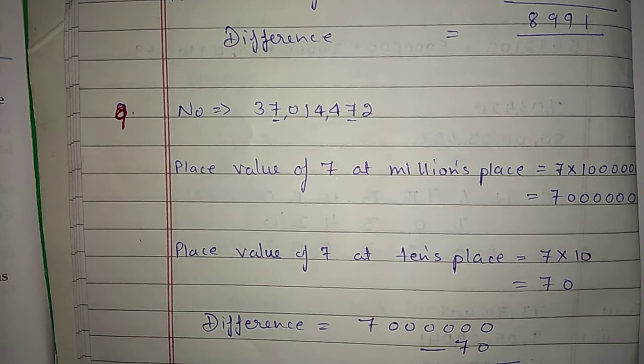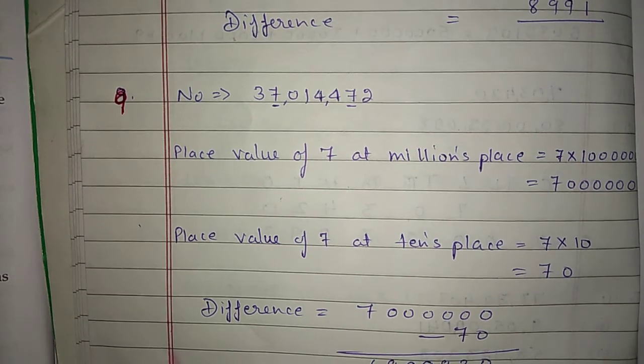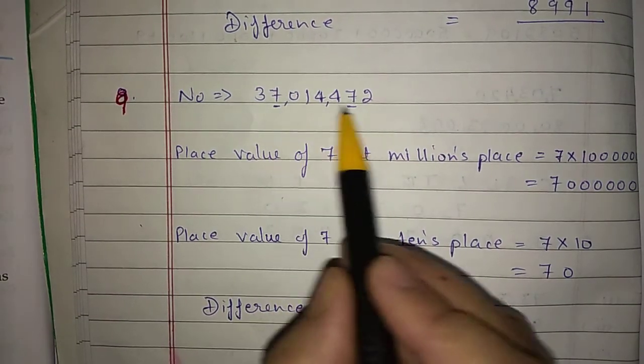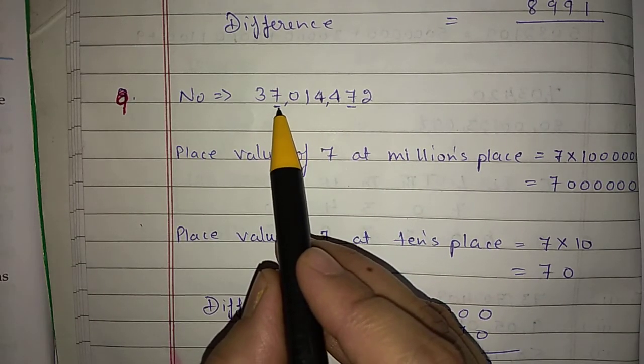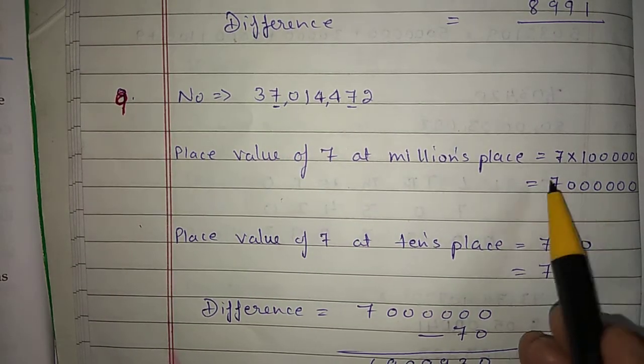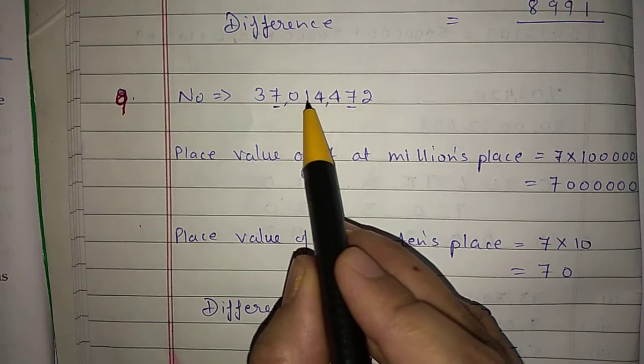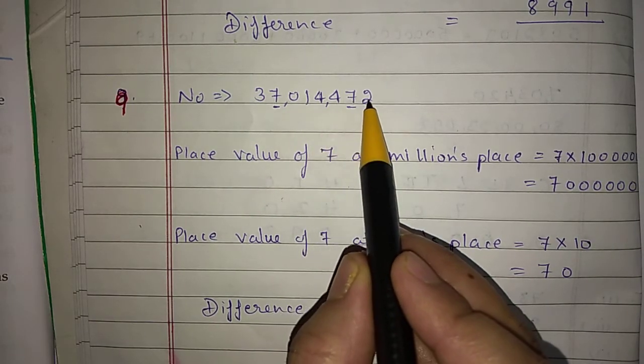Next, question number 9. Determine the difference of the place value of two sevens in the given number and write it in the international system. So here two sevens are there. One 7 is this and another 7 is this. First for this 7, which is at the million place, we will find out the place value. You can see after this 1, 2, 3, 4, 5, 6 digits are there.